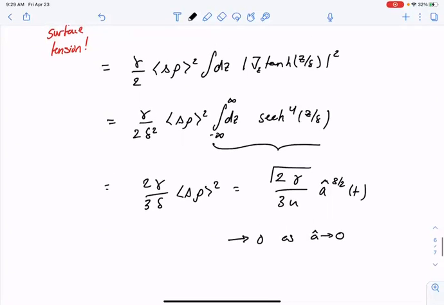Another observation is that this surface tension is inversely proportional to the width of the interface. It's also a useful scaling relationship to keep in the back of your mind. As the surface tension becomes very large, the width of an interface gets really small. So nearly miscible liquids, which have very low surface tensions, will have huge fluctuations of their interfaces.